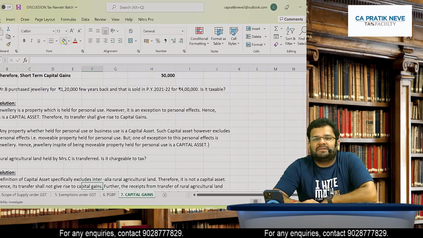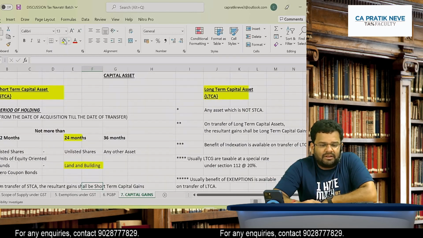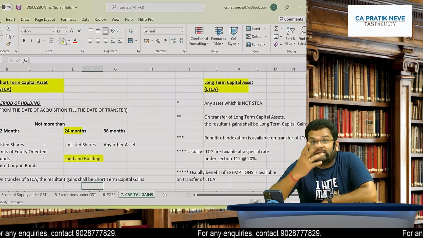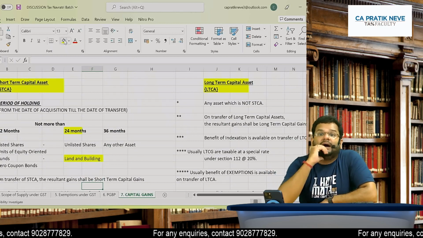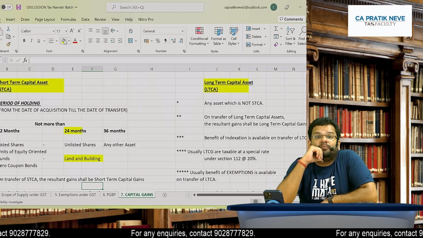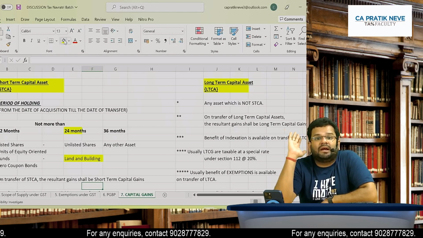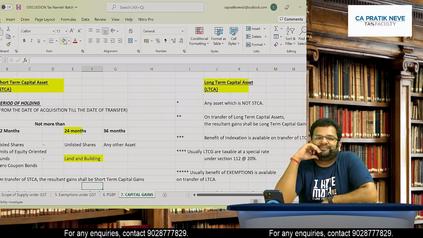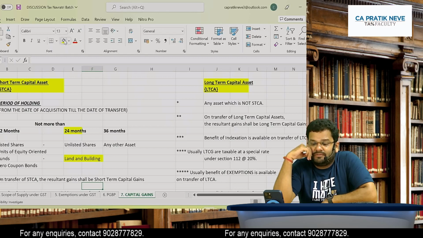1-2 examples I will tell you. You just let me know whether there will be capital gains in those cases or not. I sell a vehicle, a motor car, which is held for personal use. Shraddha, will it give rise to capital gains?